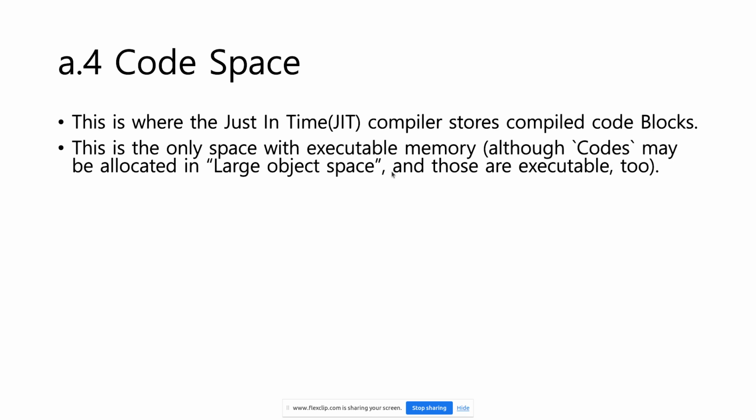The Code Space is where the just-in-time compiler stores compiled code blocks. It is the only space with executable memory, apart from the large object space.